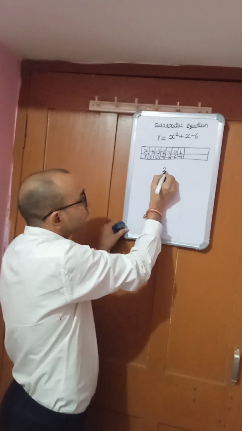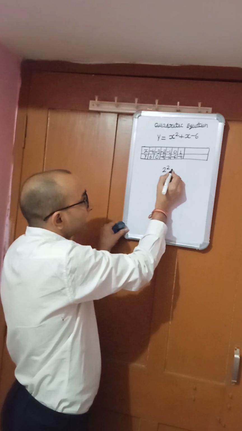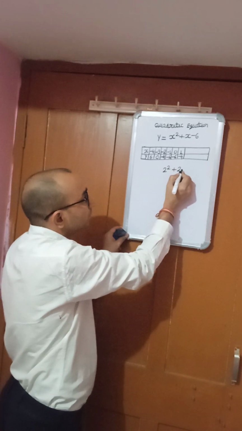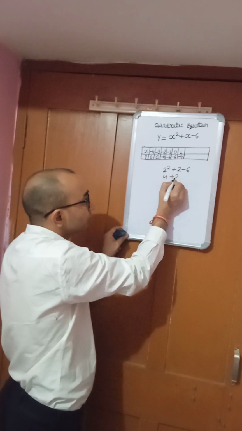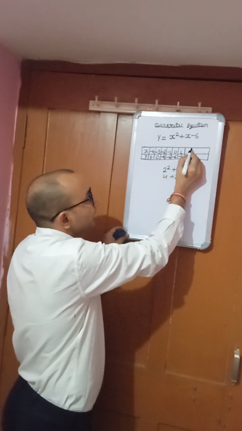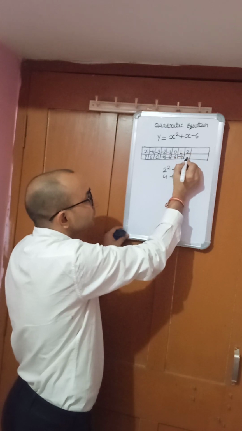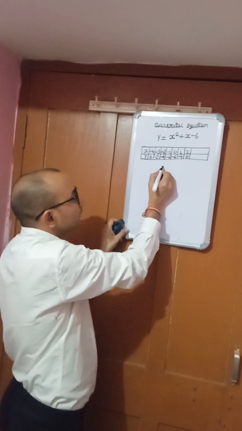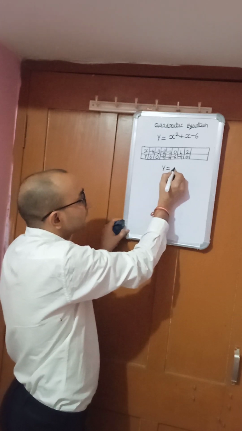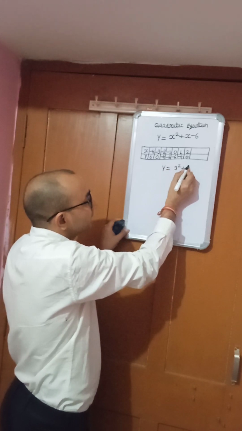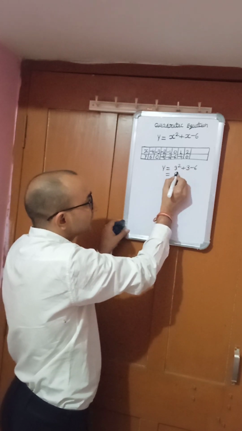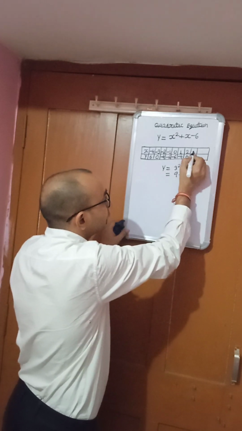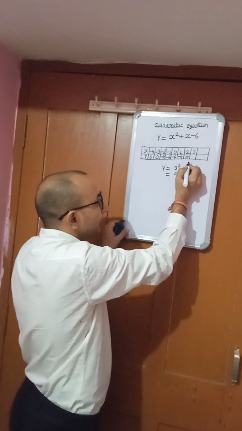If we put the value 2, 2 square plus 2 minus 6, 2 2 is 4 plus 2 minus 6 means 0. If we put the value 3, 3 square plus 3 minus 6, this means 9 plus 3 minus 6, it comes to plus 6.